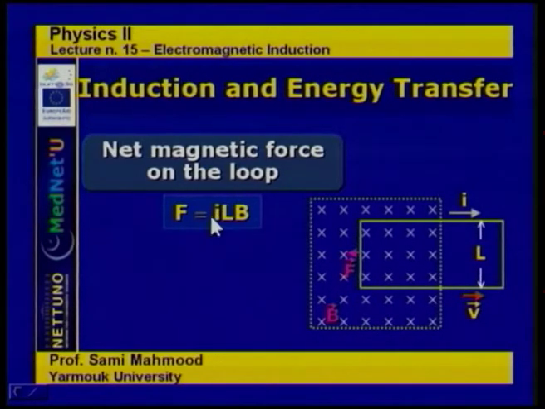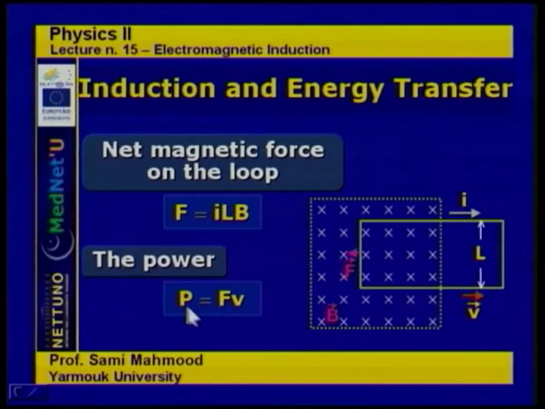The force is I L times B, where L is the length of that wire and B is the magnetic induction. As we move, there is an induced current, and the induced current will be affected by the magnetic induction itself through this force. And the power is simply equal to this force times the velocity.